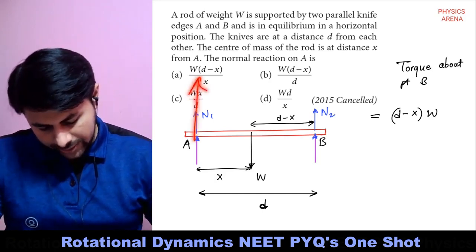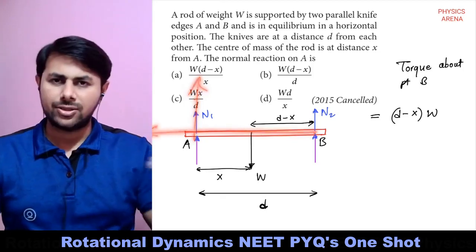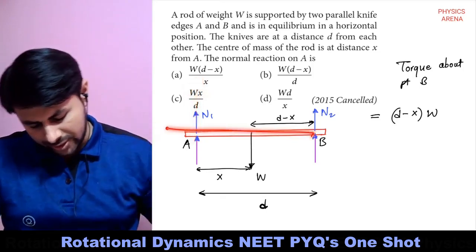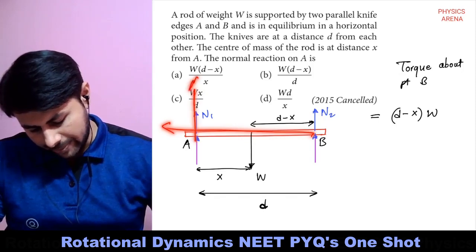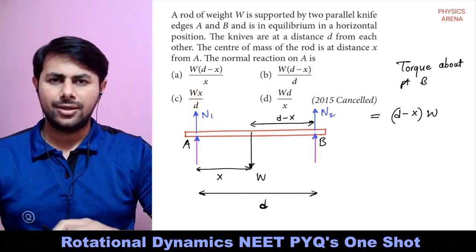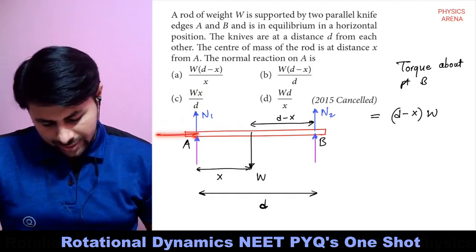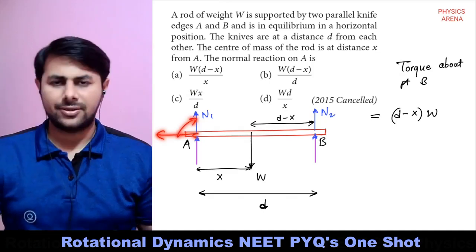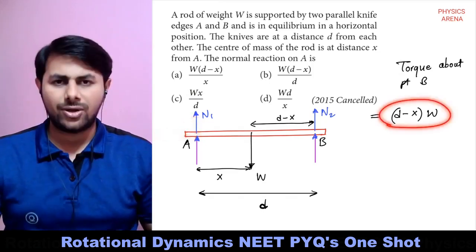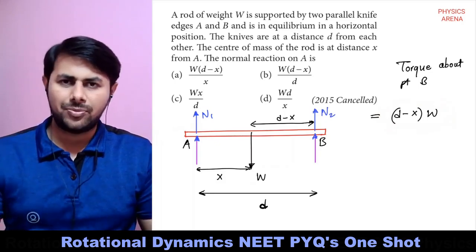This is upwards and the position vector is towards left. So this is R and this is F. R cross F is rotating the body in clockwise sense, right? So if we take anti-clockwise rotation as positive, then clockwise would be negative.